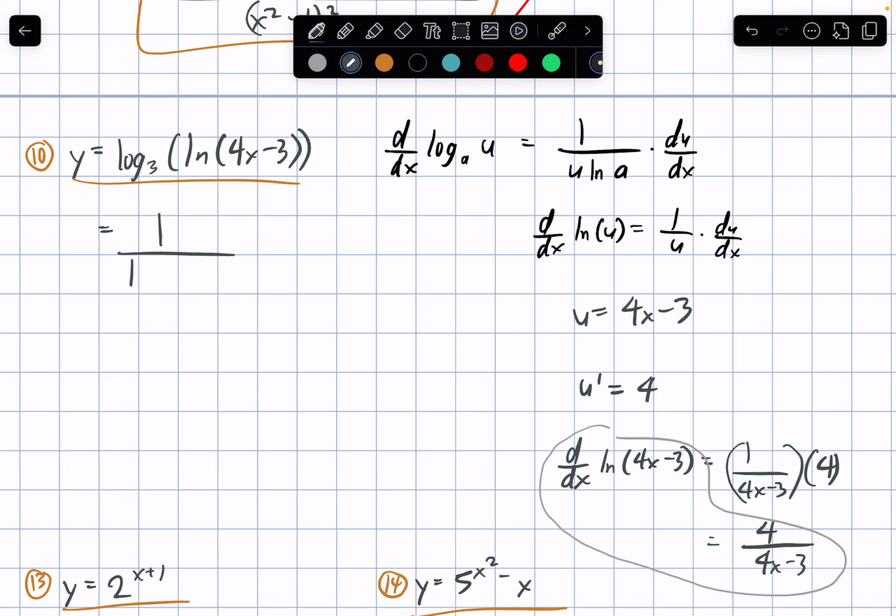U is this one. And then times the base. And then du over dx, it's this one. Derivative of u, such that u is this. So 4 over 4x minus 3.